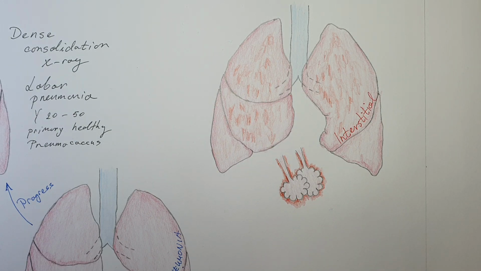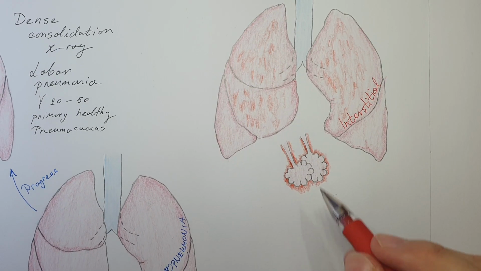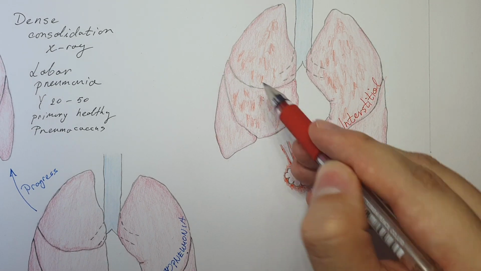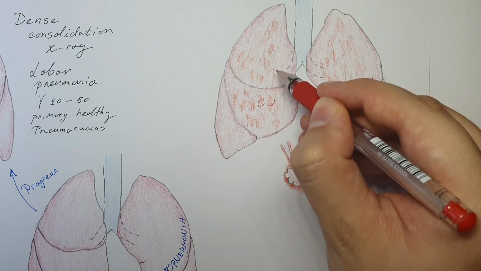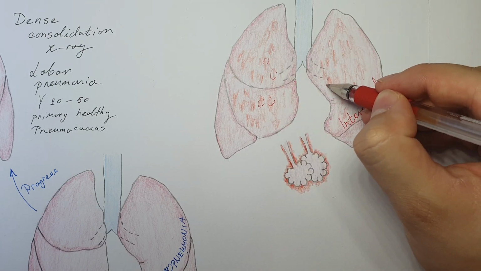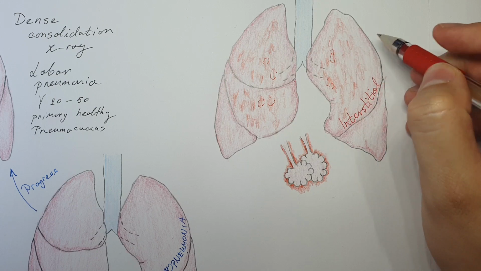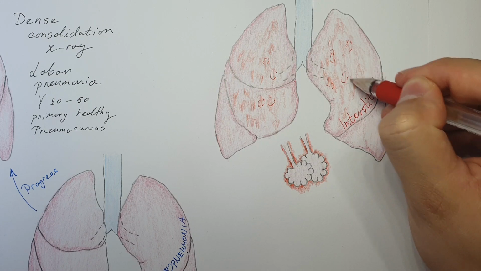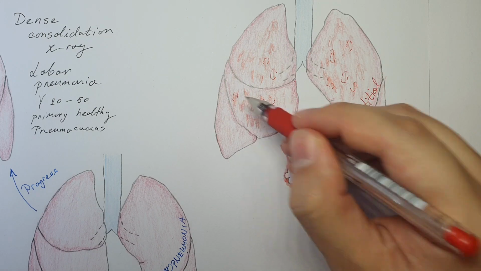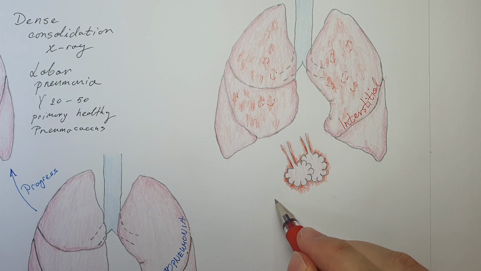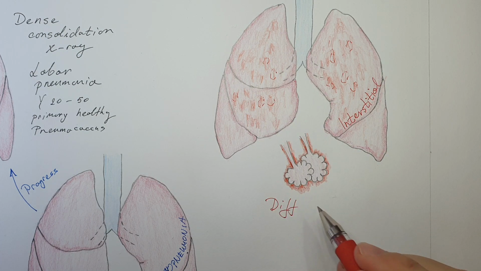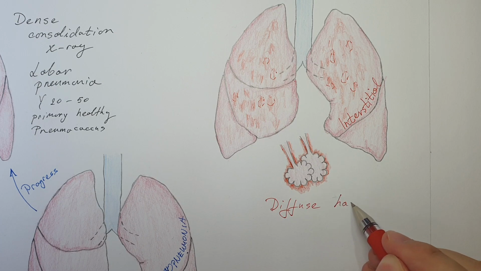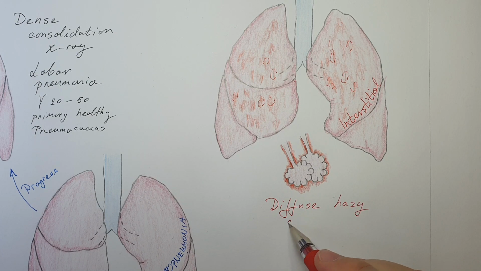Interstitial pneumonia presents on X-ray as diffuse, bilateral, hazy opacities. So they are not clear cut, they are diffuse, hazy opacities.